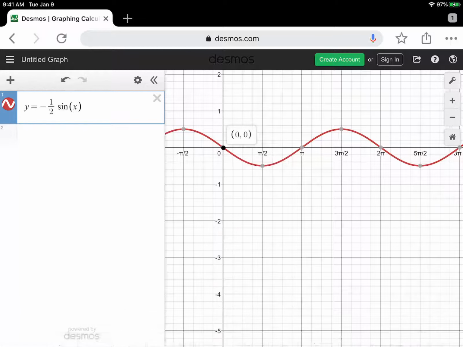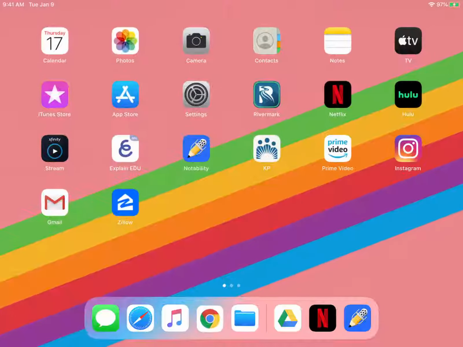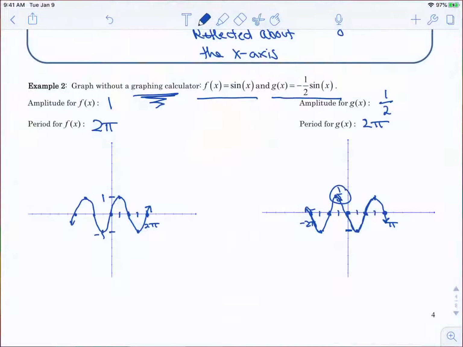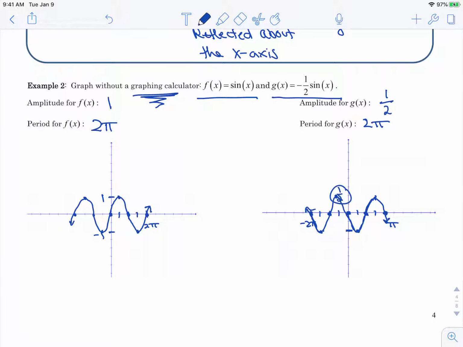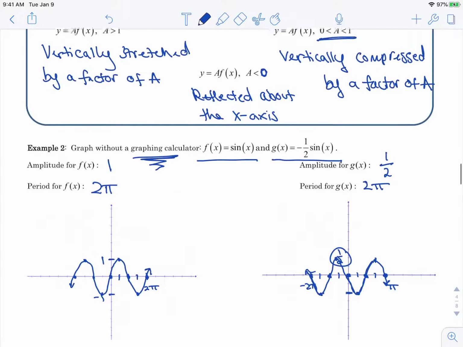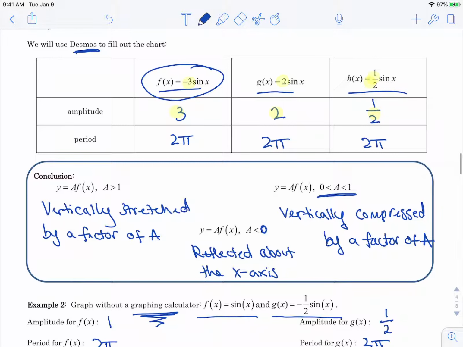I should have 0, 0, I should have pi, 0, and pi over 2, -1/2, and so forth. If I check going back, yep, it looks like I have the same coordinates. So the takeaway from this video is being able to look at the function and pick out what the amplitude is.